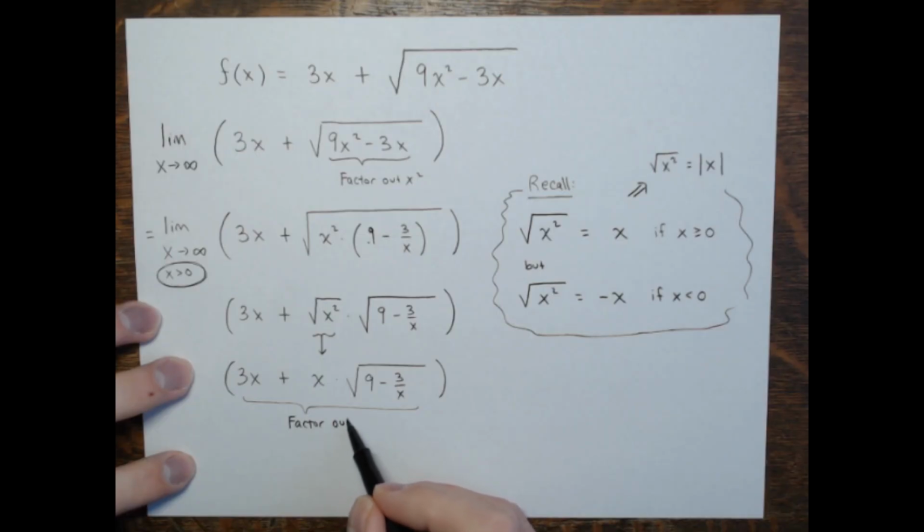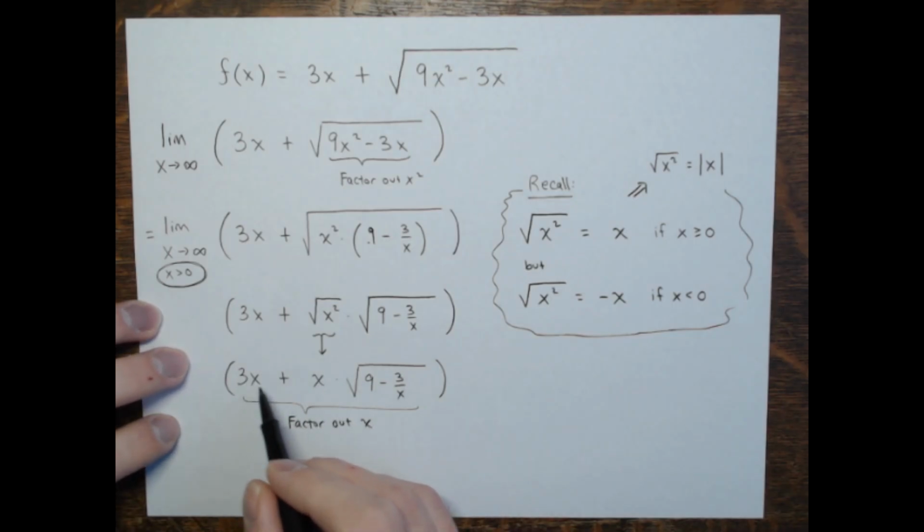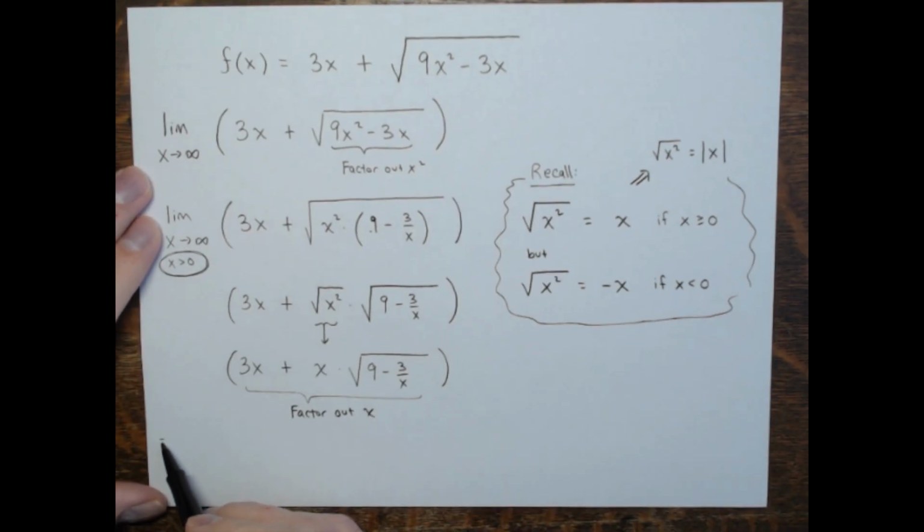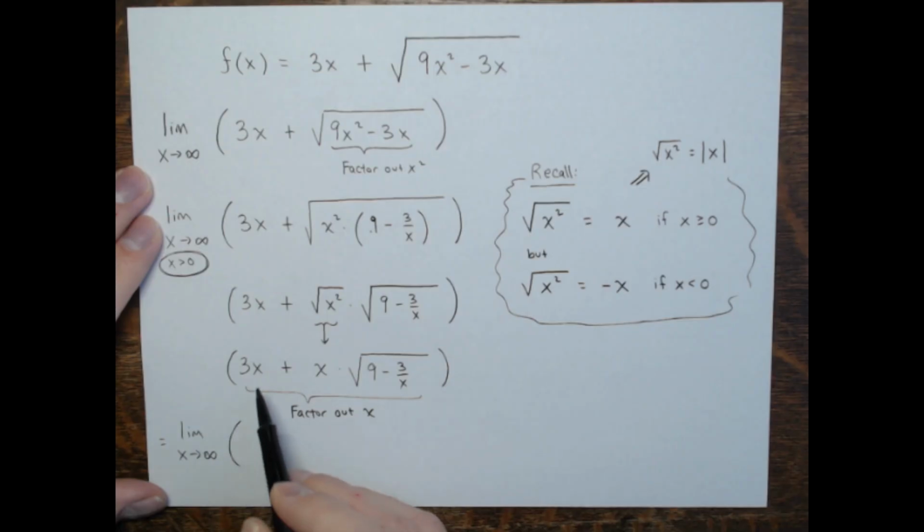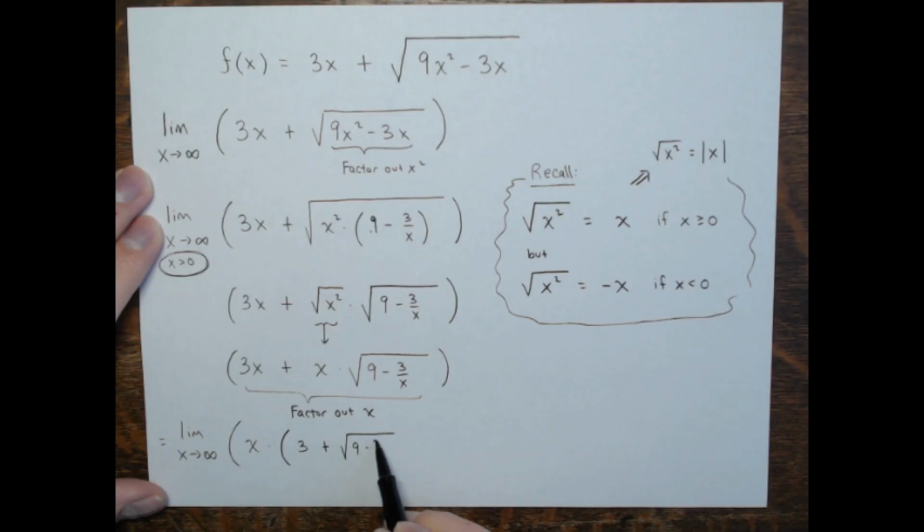So now I'm factoring out this x to the first from both of these, and we finally have the limit as x approaches positive infinity of x times 3 plus the square root of 9 minus 3 over x.